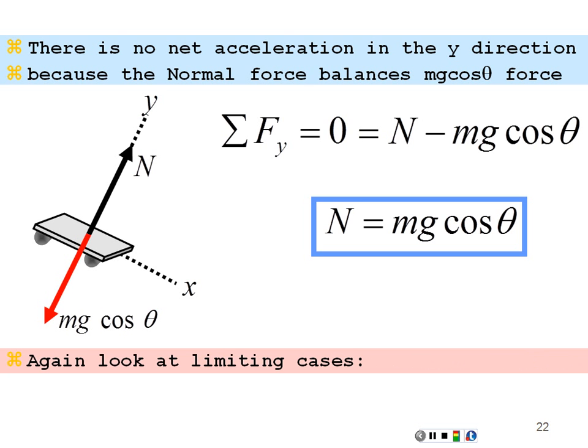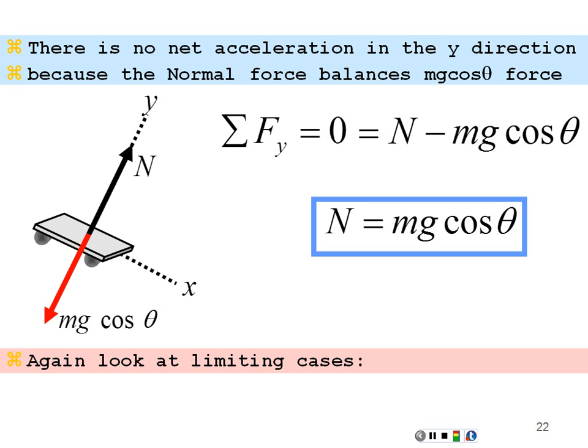Again, we can check the limiting case on this. If theta went to 90 degrees, cosine of 90 is 0, and this thing will fall like this, and there will be no normal force anymore. There's no contact with the incline really as it's falling like that. So no normal force at 90 degrees.